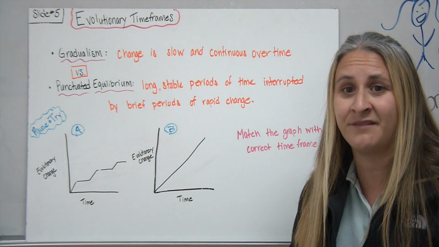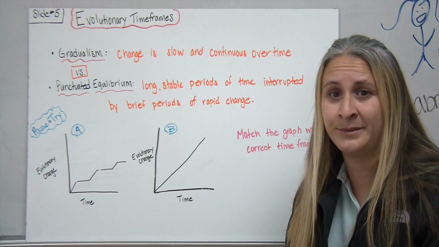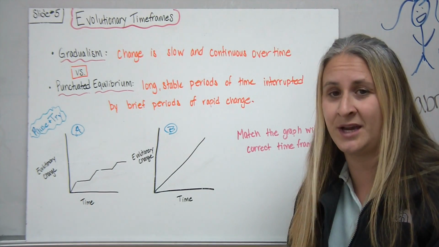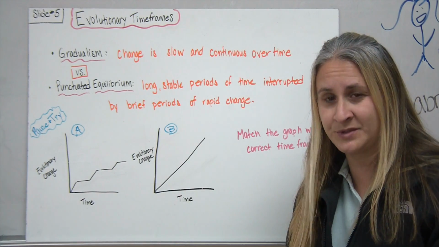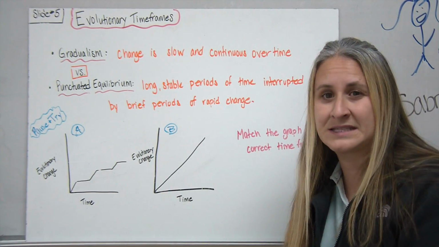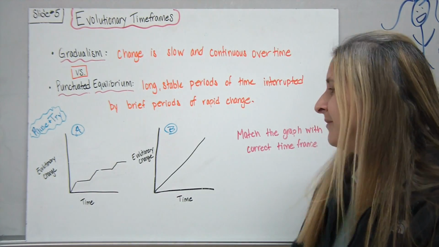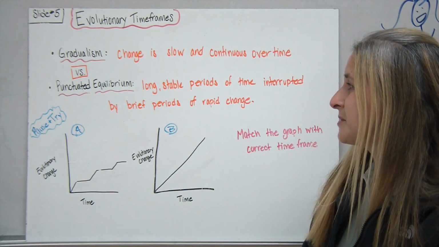It just doesn't happen that fast. So it may be a slight, ever-changing environment, and the organisms over time, as they're reproducing, as the environment is selecting which ones are most fit, they will tend to slightly adapt over time. We know that this is typically how evolution kind of takes place.